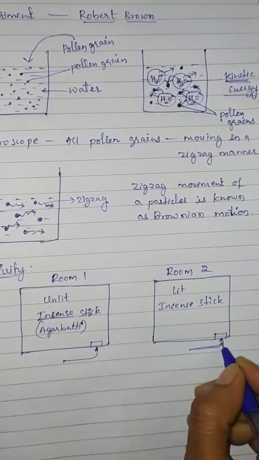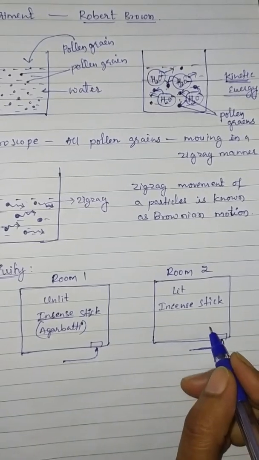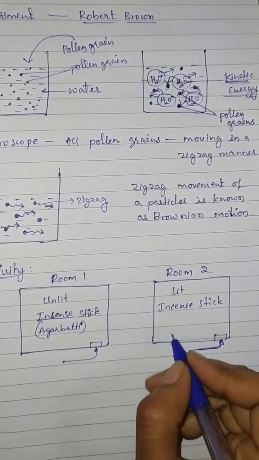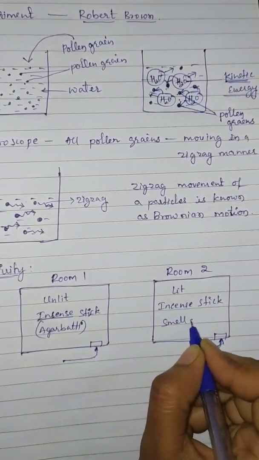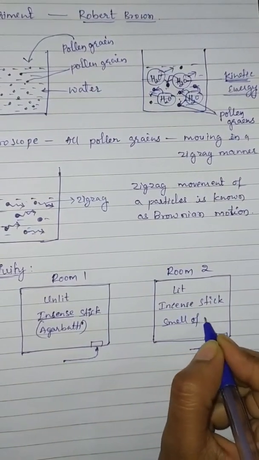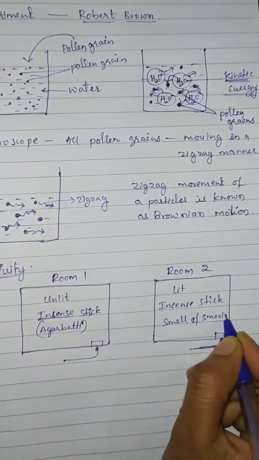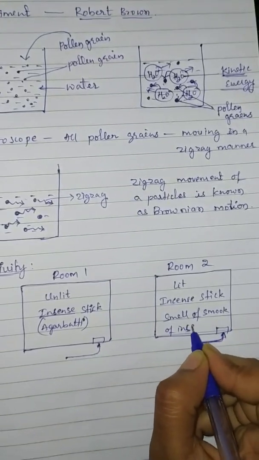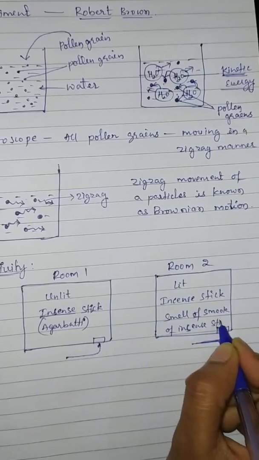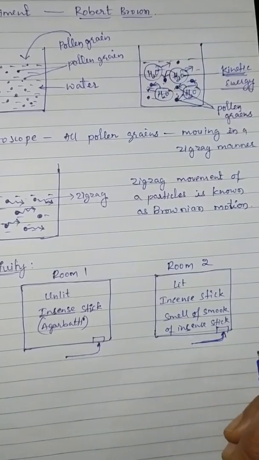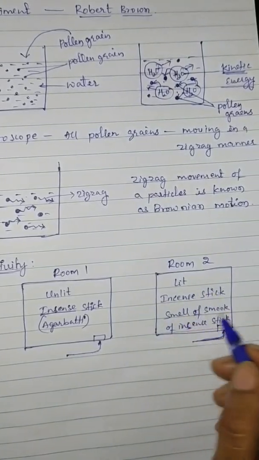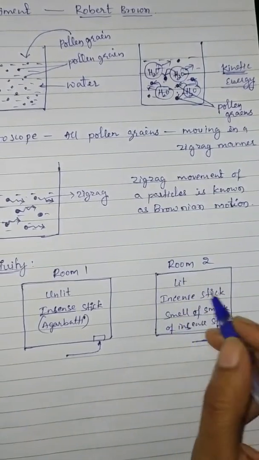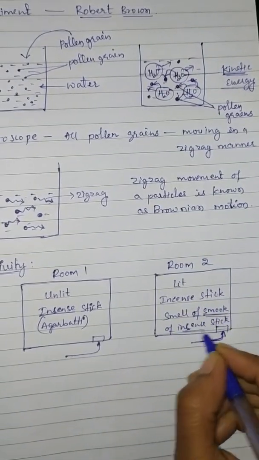As soon as I enter the door of this second room, I experience the smell of smoke of the incense stick. Okay, here because this full second room is completely filled with the smoke of the incense stick.